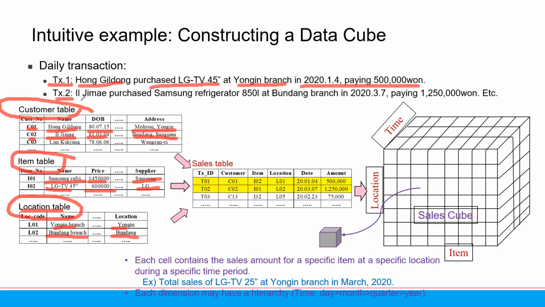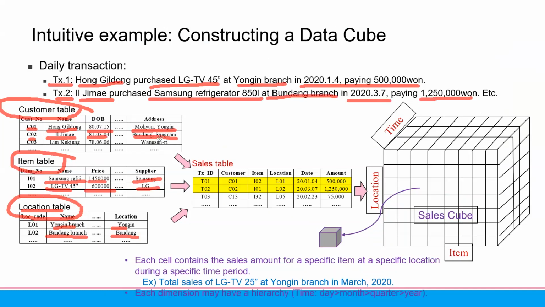In transaction 2, this customer purchased a Samsung refrigerator at the Bundang branch in 2020, paying Oman. Then we will have the sales table.